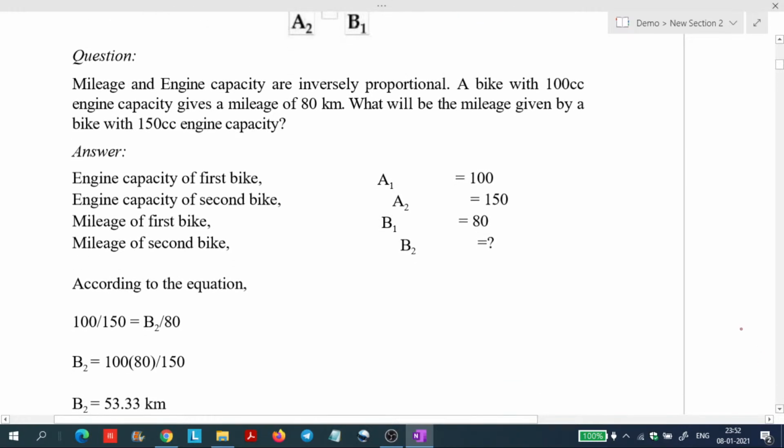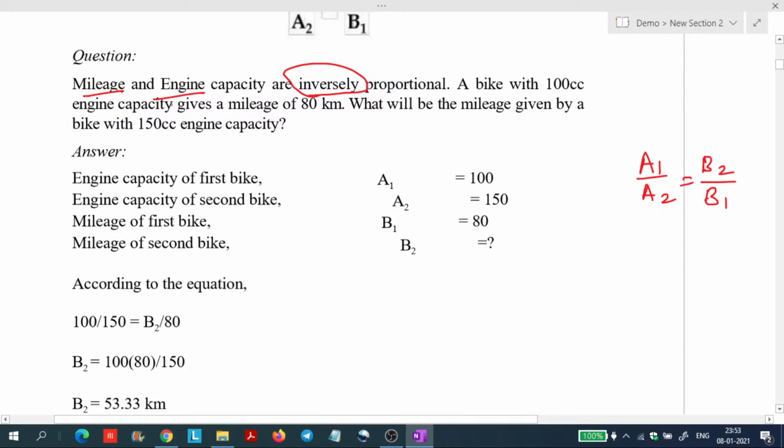So based upon this inverse proportion, a1 by a2 equal to b2 by b1. The mileage and engine capacity are inversely proportional.